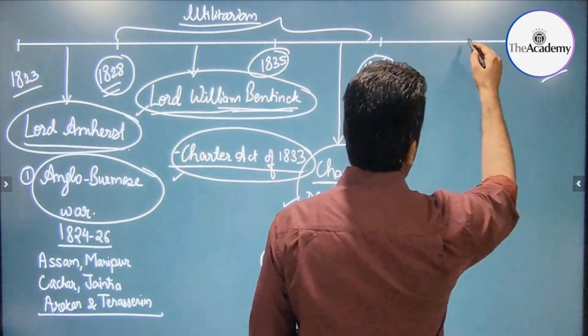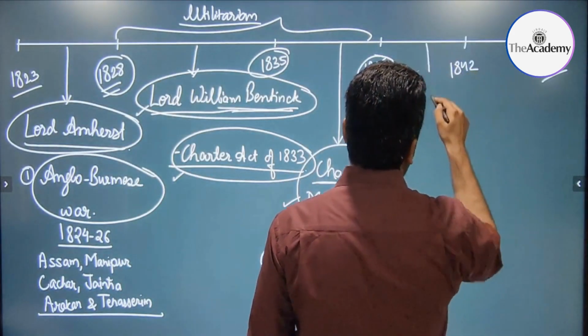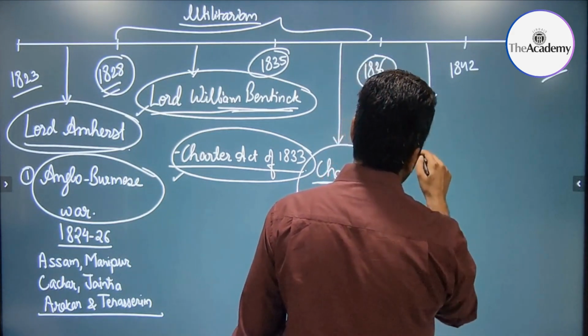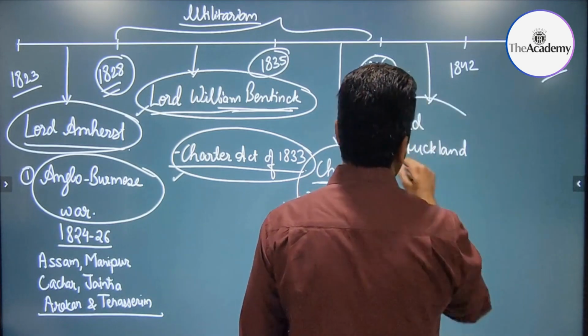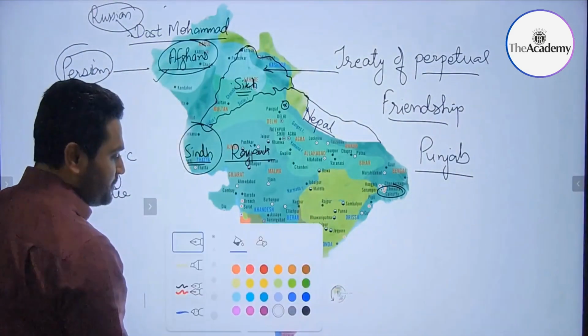In 1836, Charles Metcalfe was replaced by a very important Governor General, Lord Auckland. A very, very important Governor General. So we go back to the northwestern region.